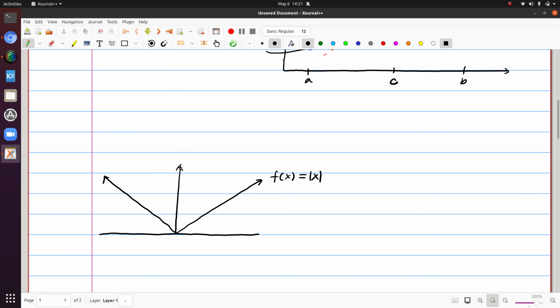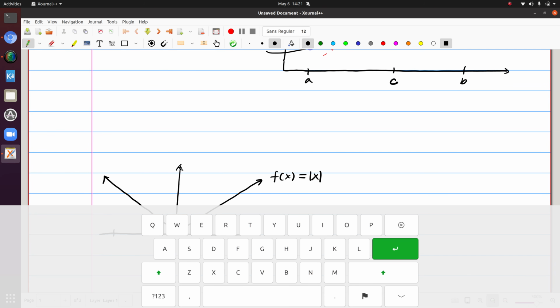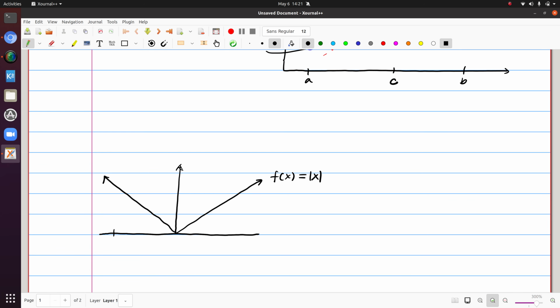We know that it's not differentiable at 0. And consider the a value to be -1 and the b value to be +1.